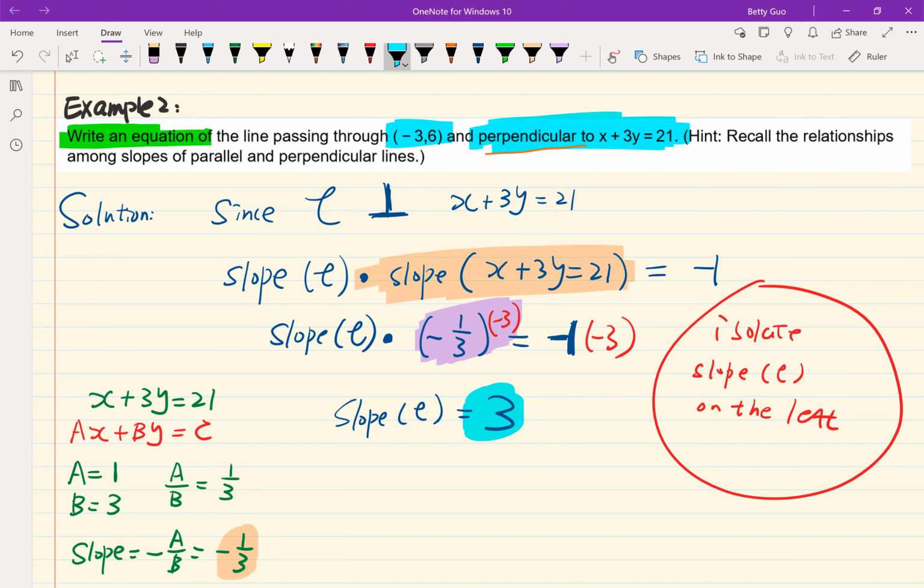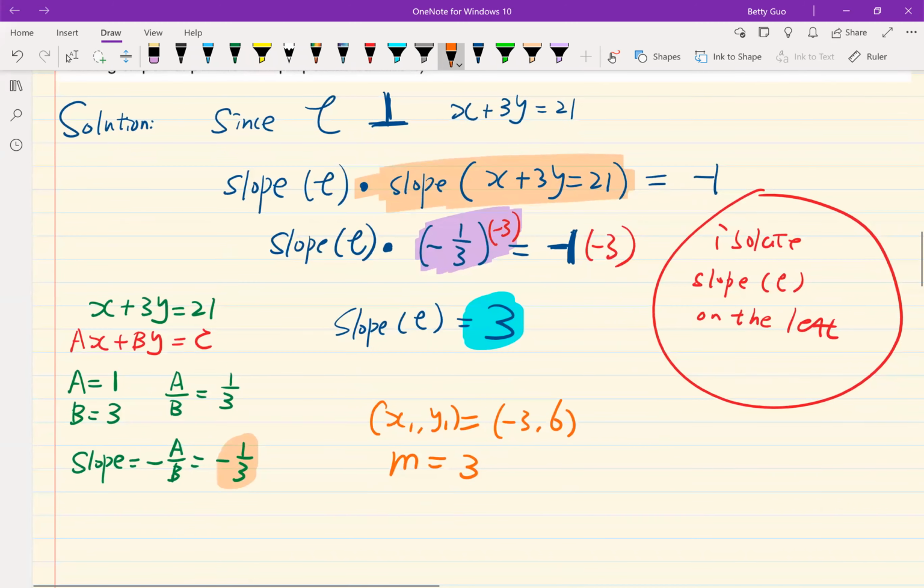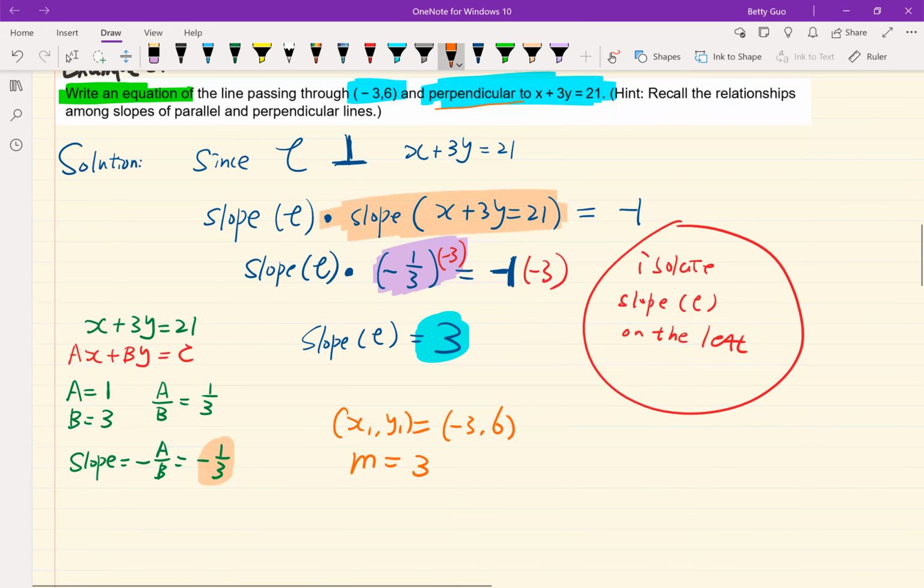And then we take the reciprocal, we flip it. So we got a positive 3. That's how we find the slope for the line L. So far we have the point (x1, y1) = (-3, 6). We also have the slope, which is 3. Then we can use the point-slope form to find the equation of the straight line.